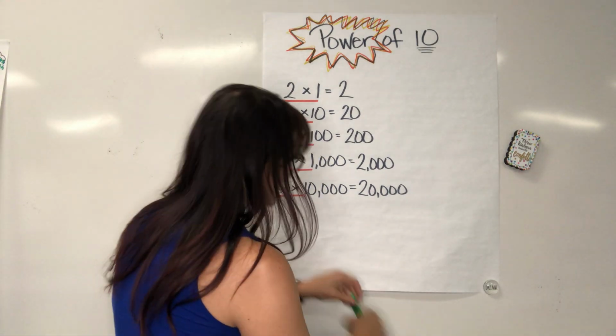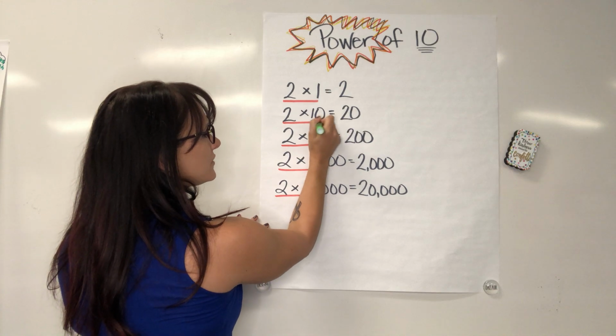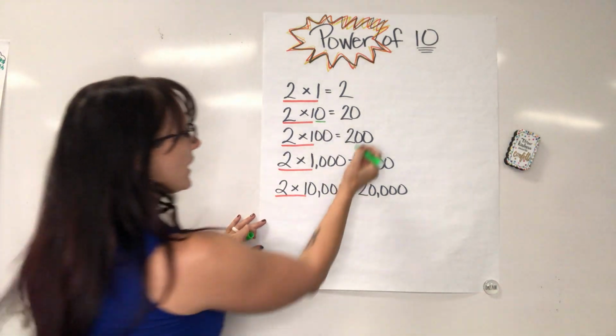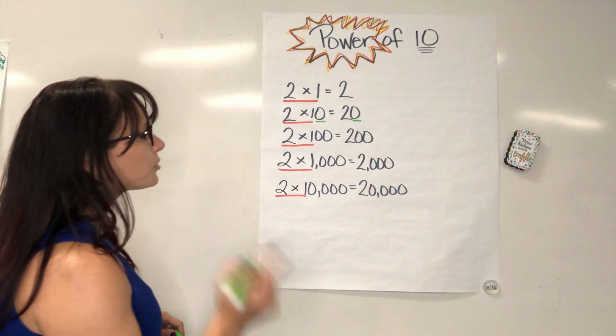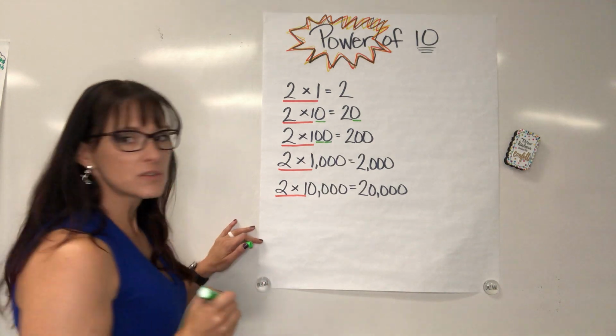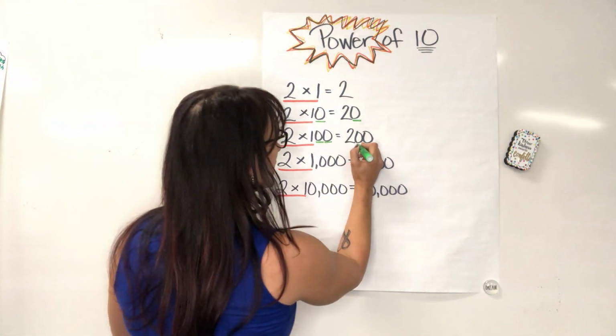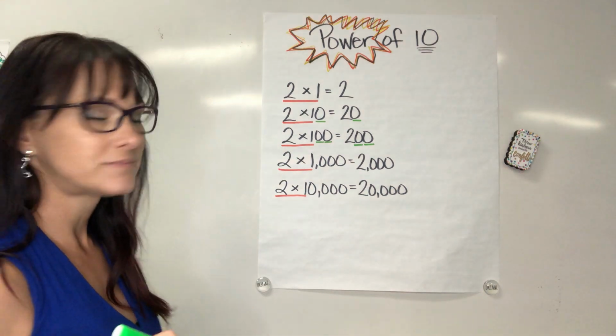And in this one, 2 times 10, we have a 0 here, and we have a 0 in our answer. You probably also noticed you have 2 zeros here and 2 zeros here.